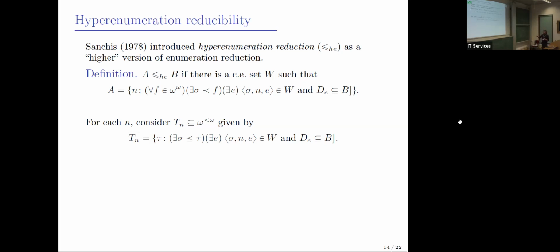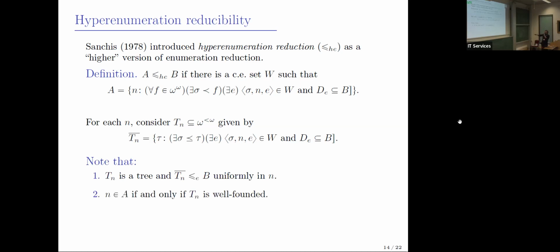So Tn is a tree, and Tn complement is enumeration below B, uniformly in n. Okay, and n is in A if and only if Tn is well founded.